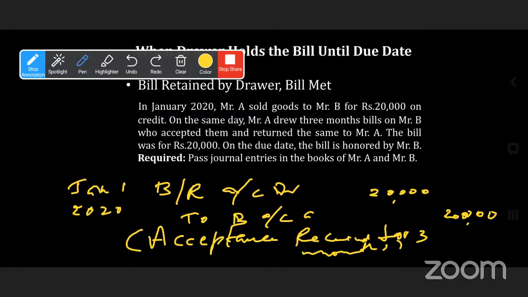February 1st to March 1st, 2 months. March 1st to April 1st, 3 months. So on April 1st, you have completed the 3 months.